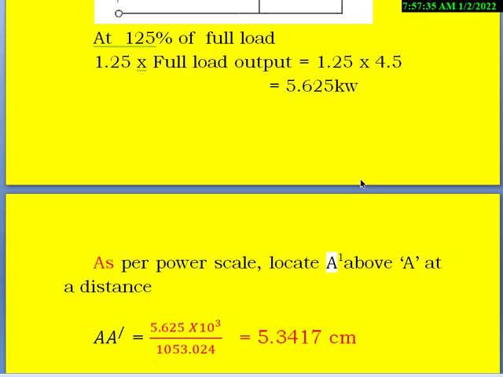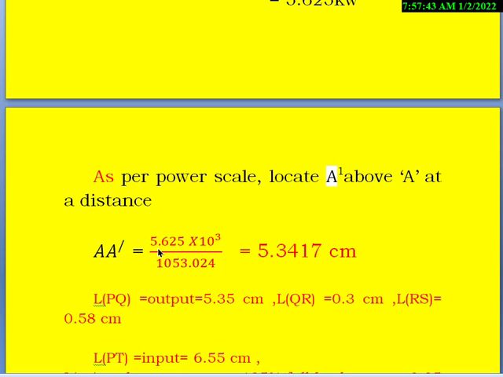So to decide A dash, we have to use the power scale, that is 5625 into 10 cube divided by 1053.024. Then we get A dash as 5.3417 centimeters.